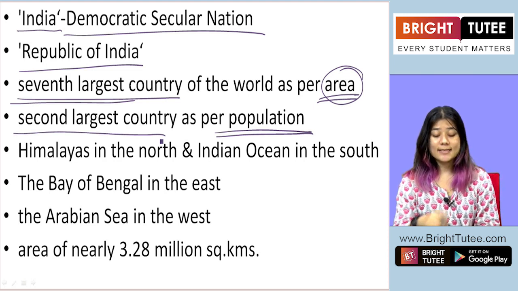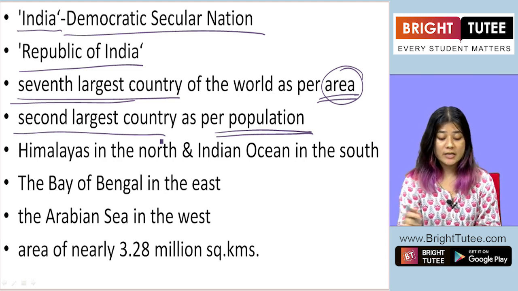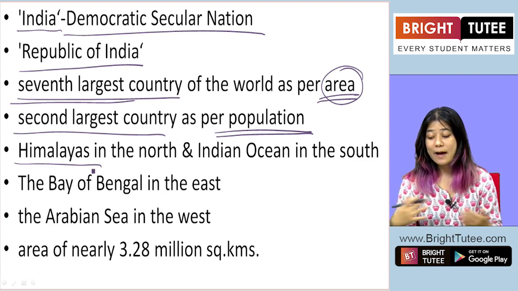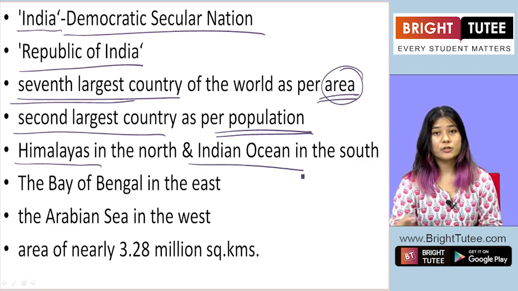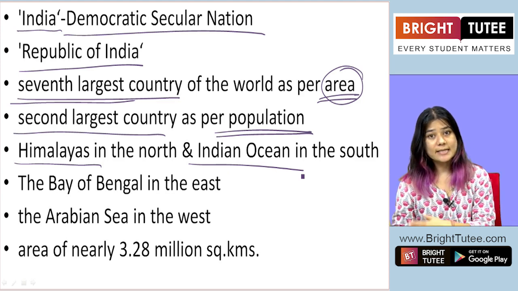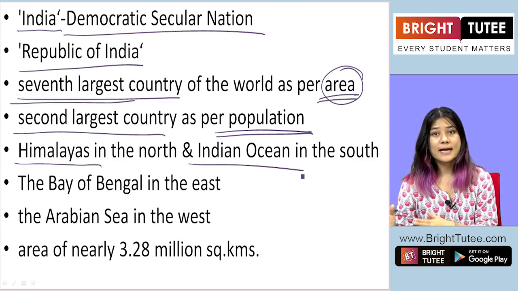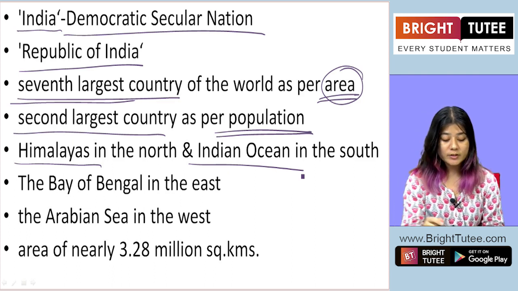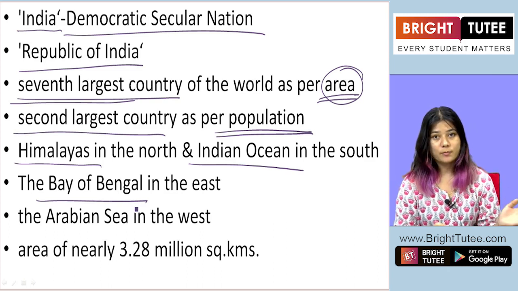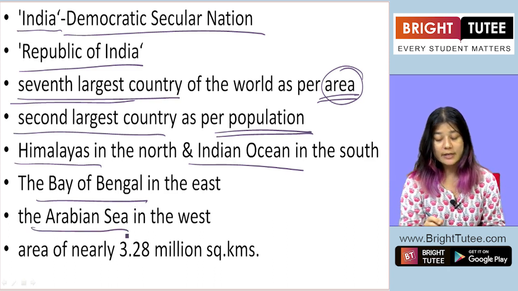Now, India has a beautiful mountain range in the north, which is called the Himalayas, and in the south, it is bounded by the vast water body called the Indian Ocean. In the eastern side of India, there's another water body which is called the Bay of Bengal, and in the west, another water body that is called the Arabian Sea.